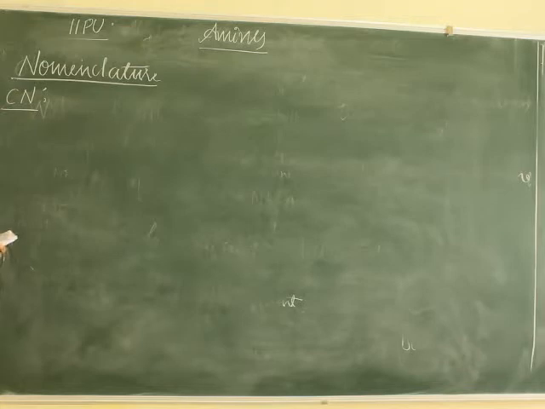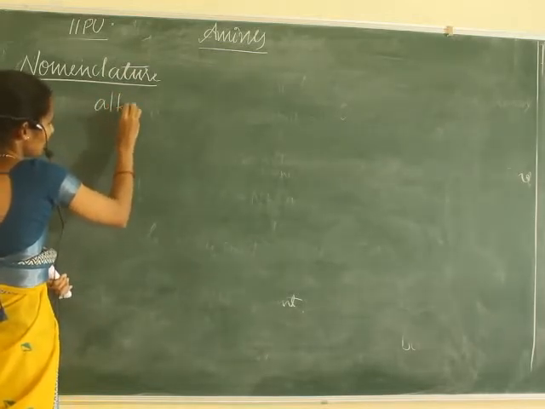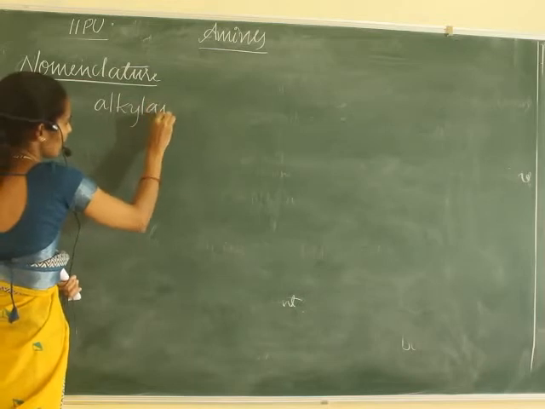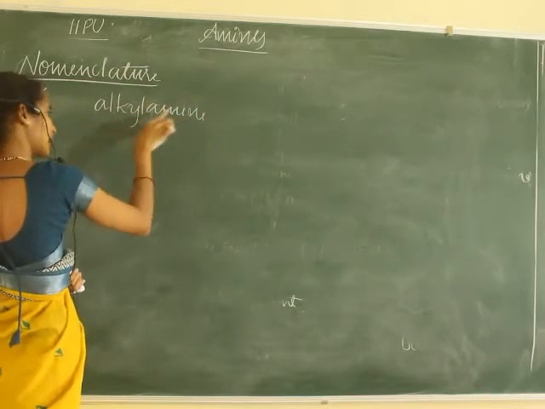Amines are named as alkyl derivatives of amines. That is, in the common system of naming, we name amines as alkylamine, as one word. No space between alkyl and amine.